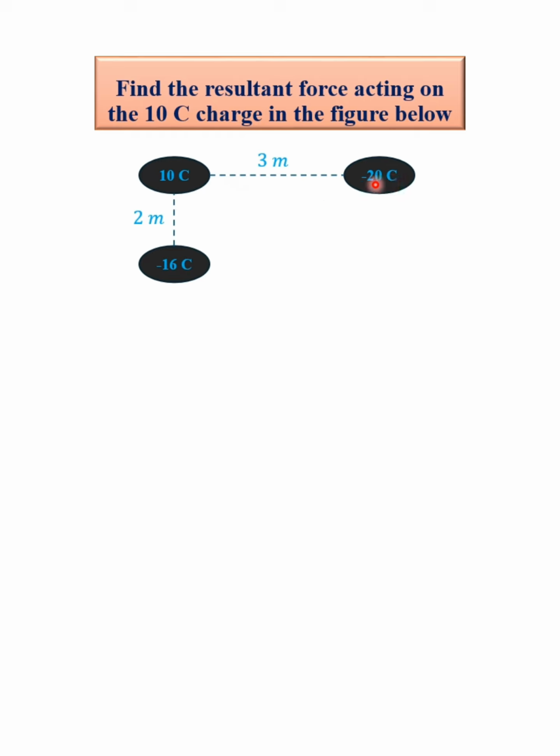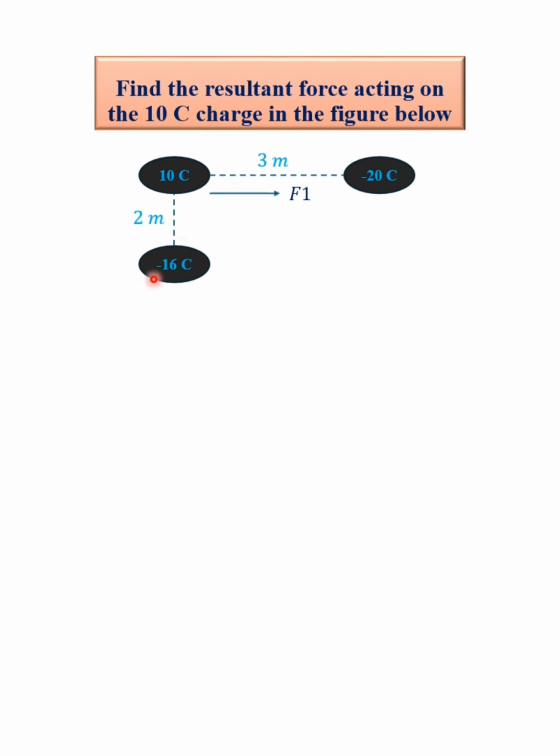Negative 20 will be attracted towards positive 10, while positive 10 will be attracted to negative 20. In other words, the force acting on the 10 coulomb charge will be acting towards the right based on this negative charge of 20. So let's call the force acting on the 10 coulomb charge as a result of the influence of the negative 20 coulomb charge F1, to the right.